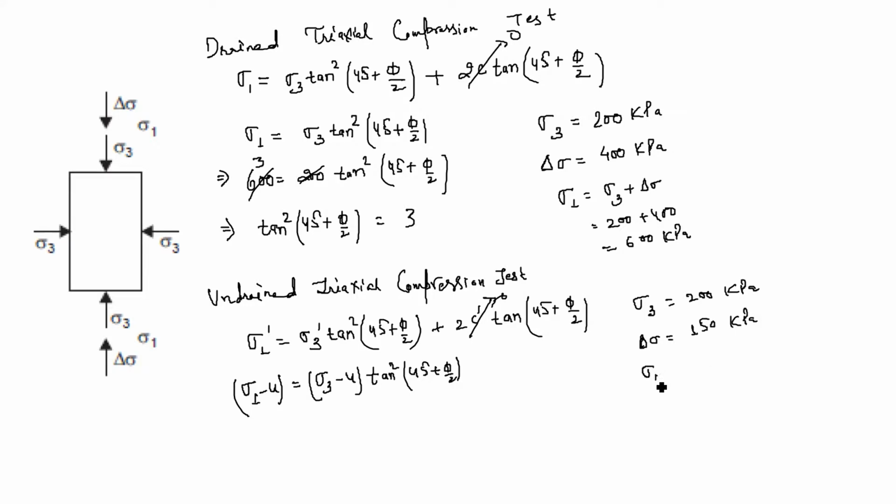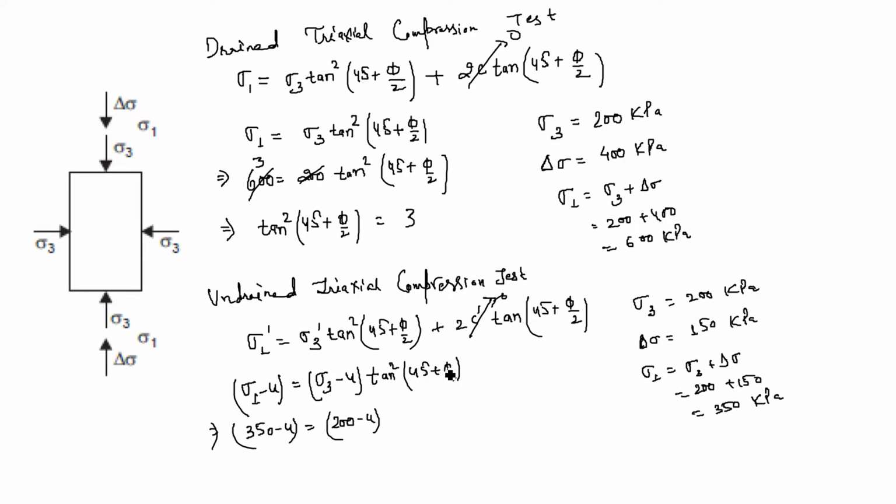So sigma 1 will be sigma 3 plus delta sigma, that is 200 plus 150, so it will be 350 kilopascal. Now putting this value in the equation, 350 minus pore water pressure is equal to sigma 3, that is 200 minus pore water pressure, times tan square (45 plus phi by 2), which will be 3.